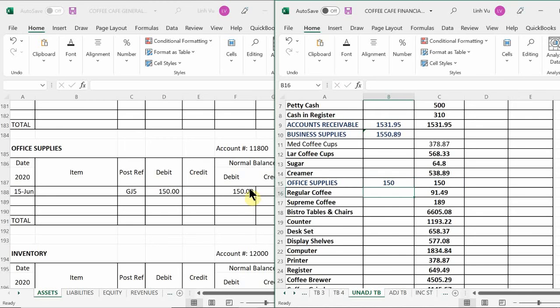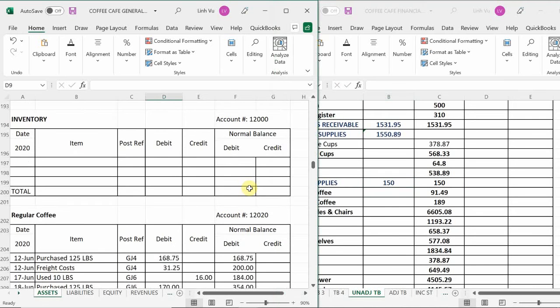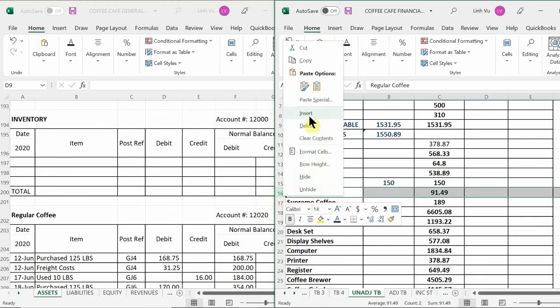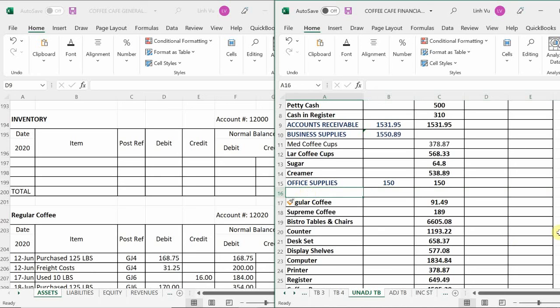And not that it hasn't changed. Then we have inventory, which consists of my regular coffee and my Supreme coffee.